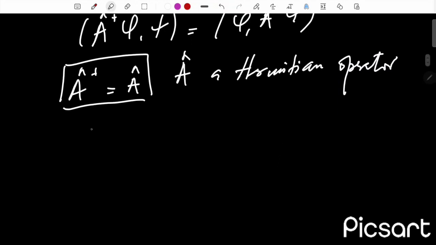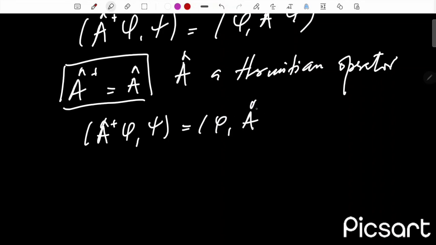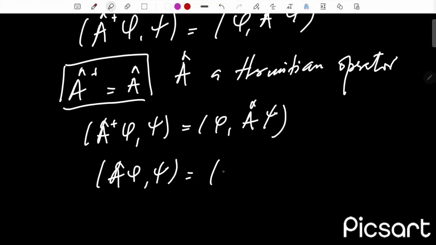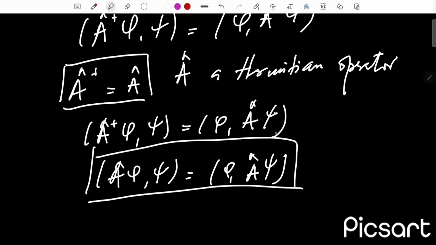This means that if we have here A dagger acting on phi, and here we have psi, equal to phi, and here we have A acting on psi, equal to A acting on phi, psi, and here we have also phi, A acting on psi, then we call A a Hermitian operator.